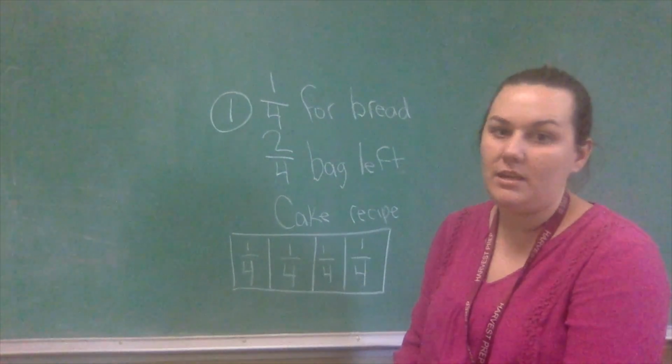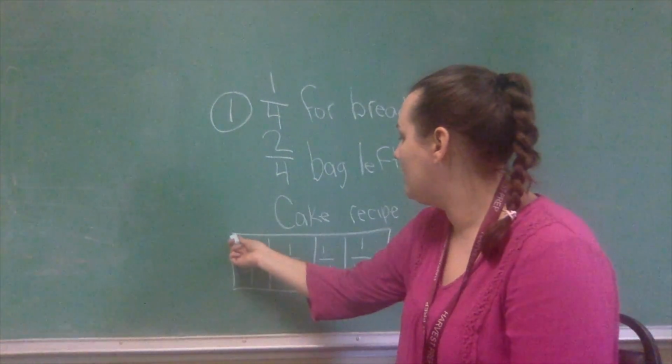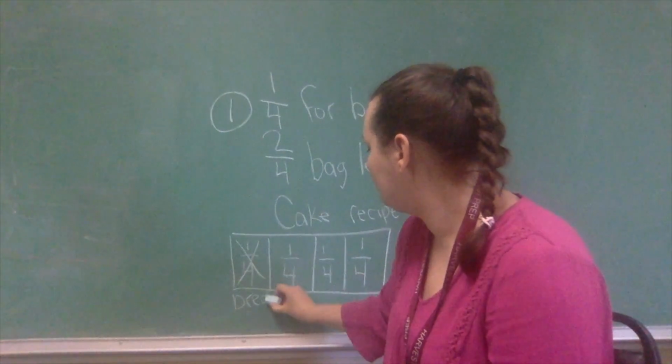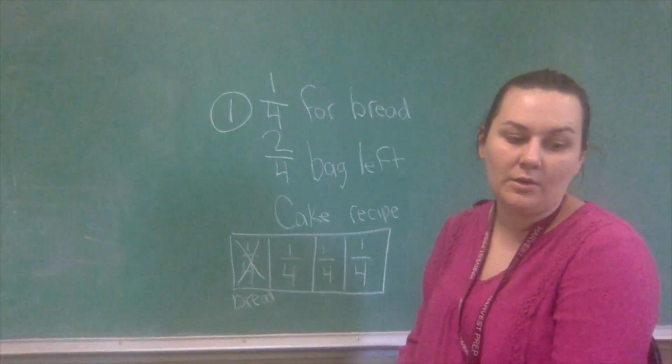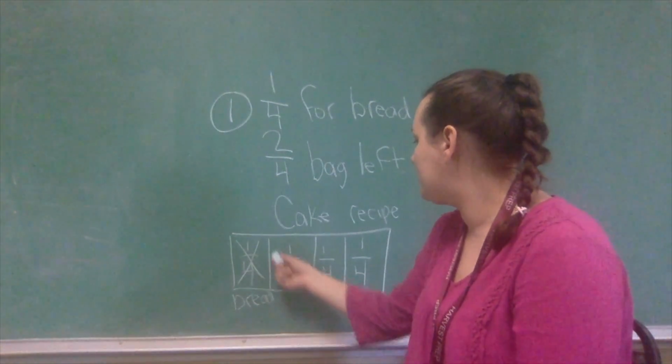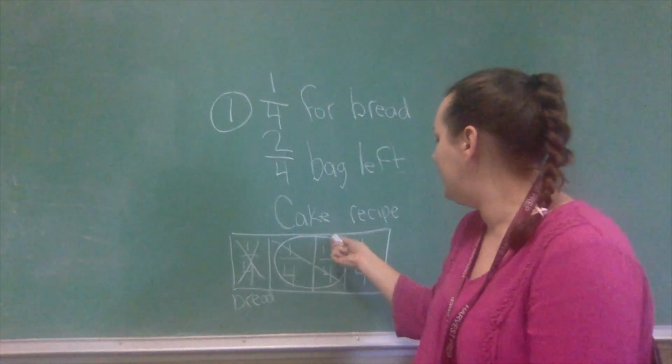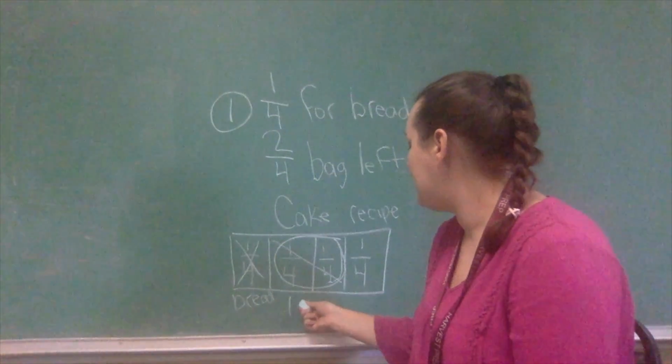Now I know that he used this piece already for the bread. And I know that he has 2/4 of the bag left. I'm going to circle that because I know that's what he has left.